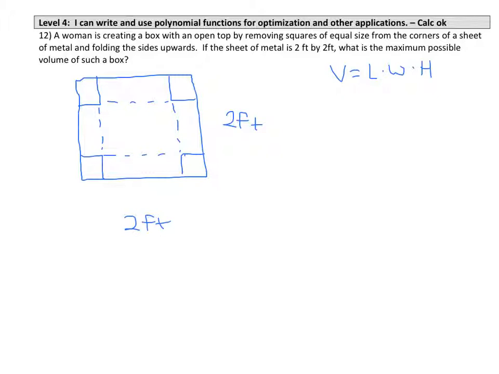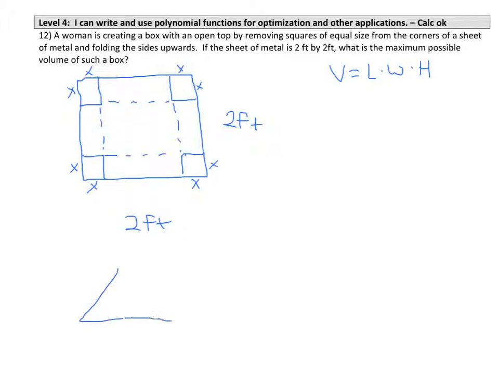So I'm going to call the side length of the little square corner that we're cutting out x. And since these are squares, this would be x, this would be x, and all of these would be little x's. Now, when you fold the sides up, the box will probably look something like this.